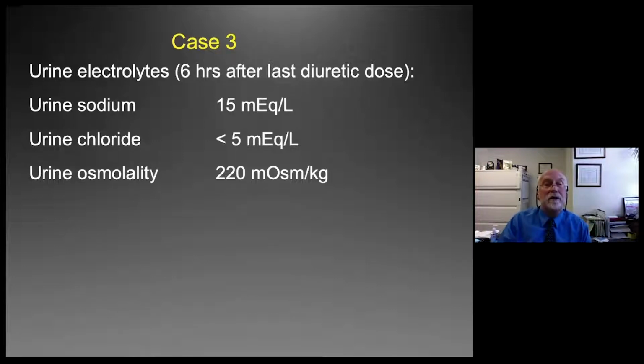And you can see that her urine sodium is low at 15 milliequivalents per liter, virtually undetectable urine chloride. And as we'll learn later, that's probably the best test for determining the diuretic effect, and a UOSM of 220.